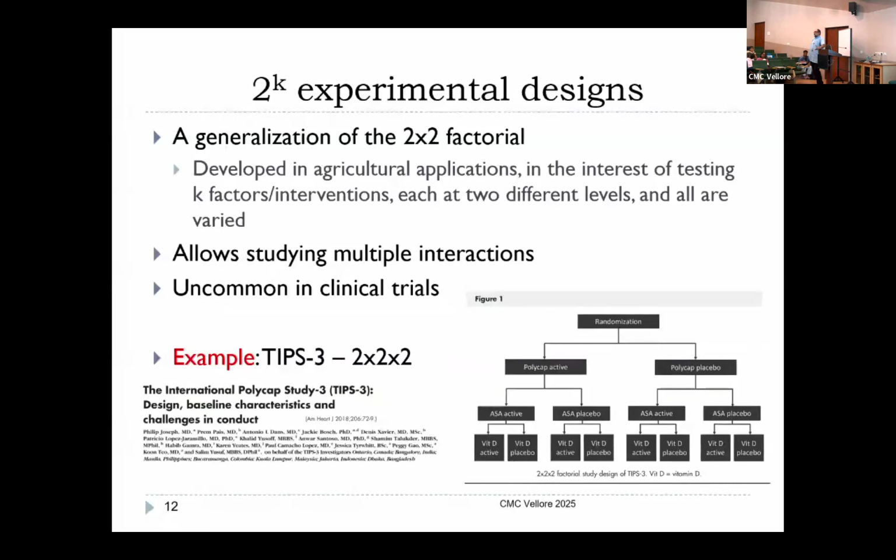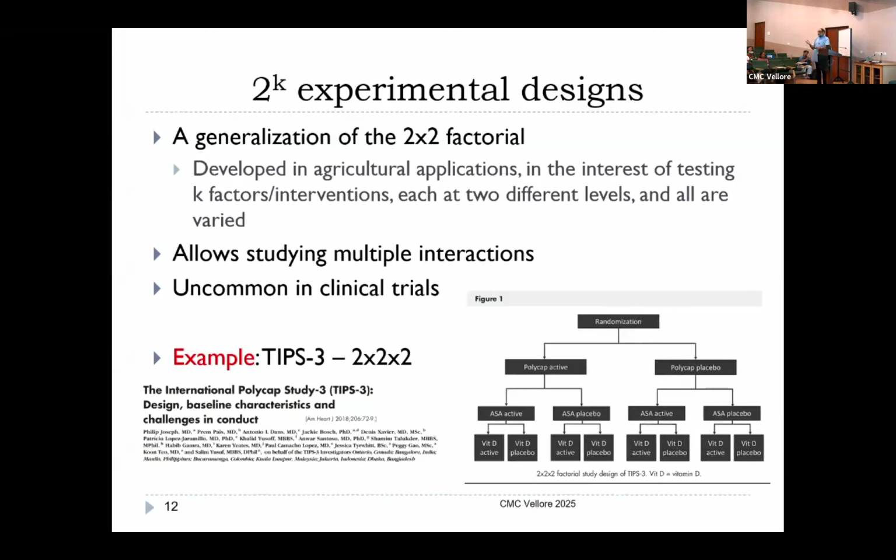One is a statin, one is a blood pressure lowering drug, and another is an anticoagulant. There were 3 or 4 things mixed together. And they randomized people to polycap active or polycap placebo. But within each one of those, they had aspirin active or aspirin placebo. Within each one, they had vitamin D active or vitamin D placebo. So now it's a 2 by 2 by 2 factorial.